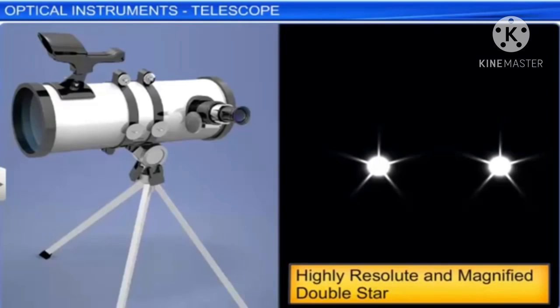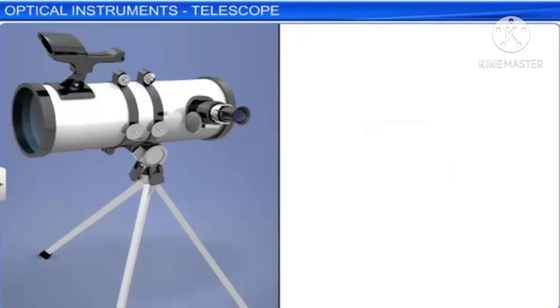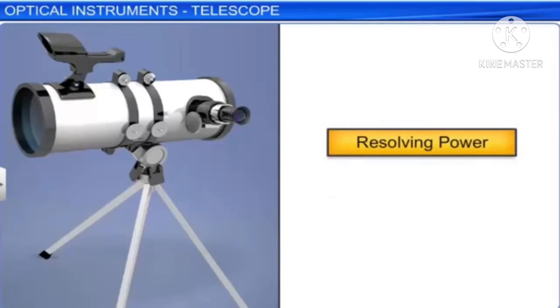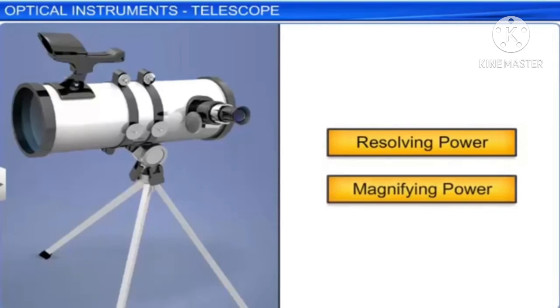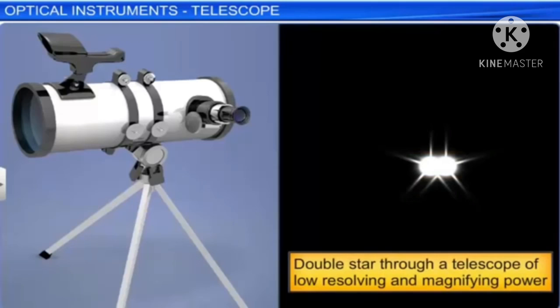It is important to note that the resolving power and the magnifying power refer to different entities. For example, if a double star system is observed by an astronomical telescope with a low resolving power as well as with a low magnifying power, the final image is as shown.